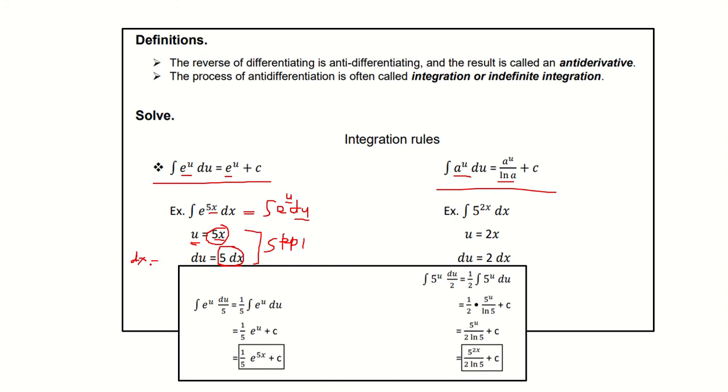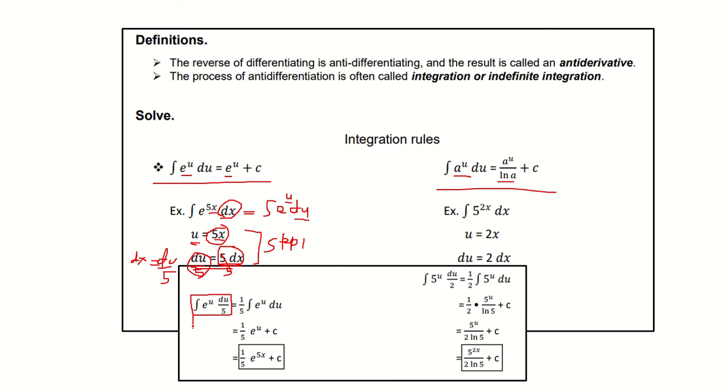Dx is, i-divide na to 5. So, dx is du over 5. So, pag naatay dx, it means this is du over 5. This is e to the u du. So, ang dx nato is du over 5. So, that is e to the u du.